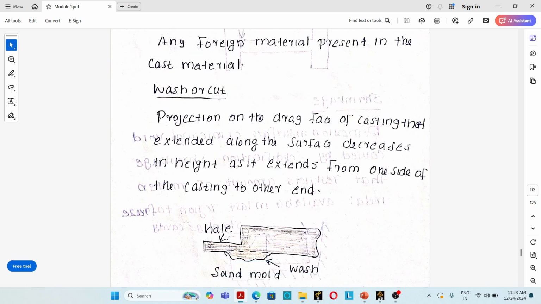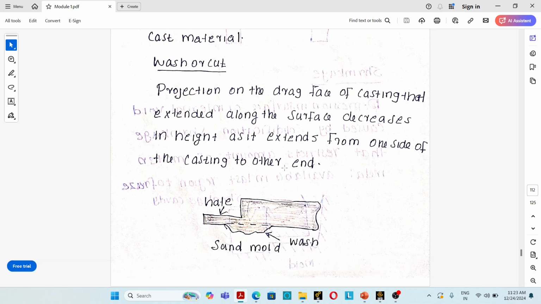Next is visible defects. There are a lot of visible defects you have to study. First one, wash or cut. Wash or cut is a projection on the drag face of the casting. This is the drag face of the casting.